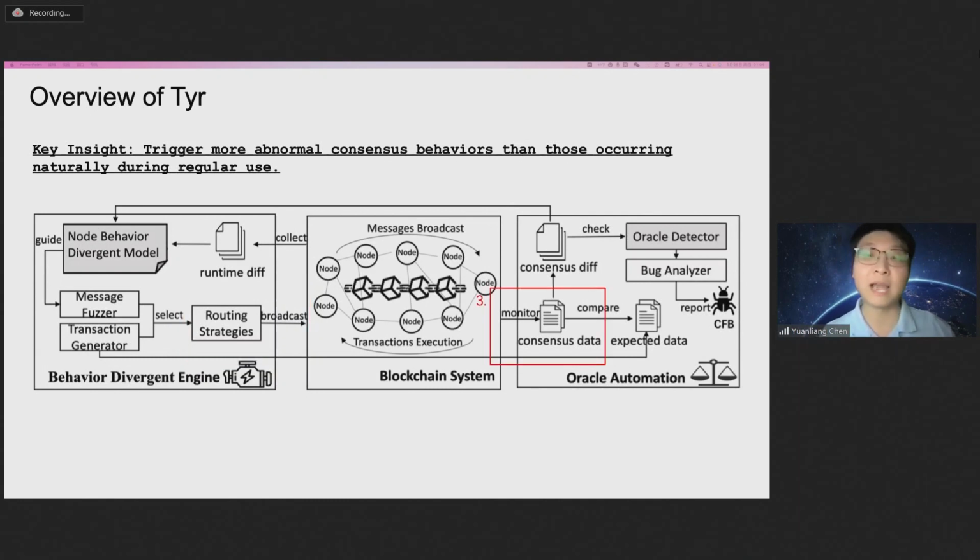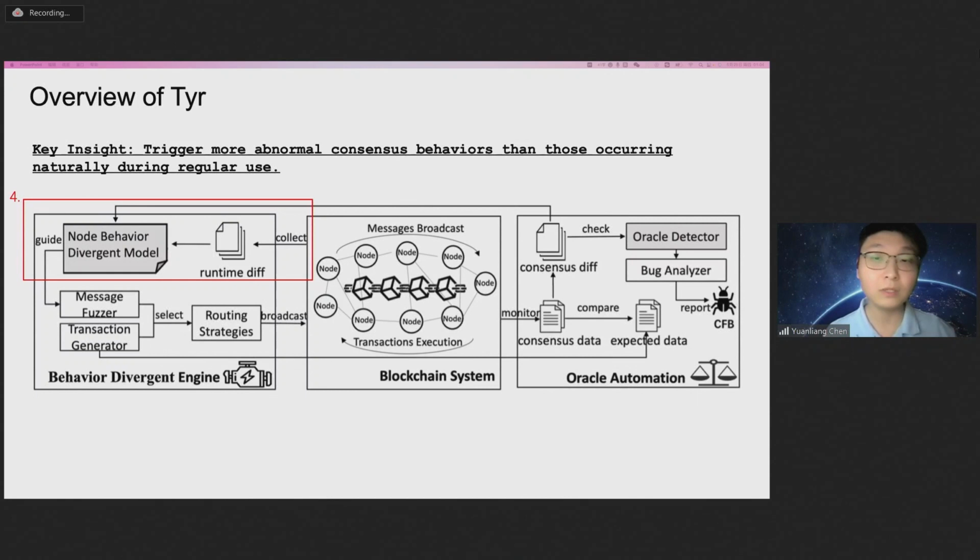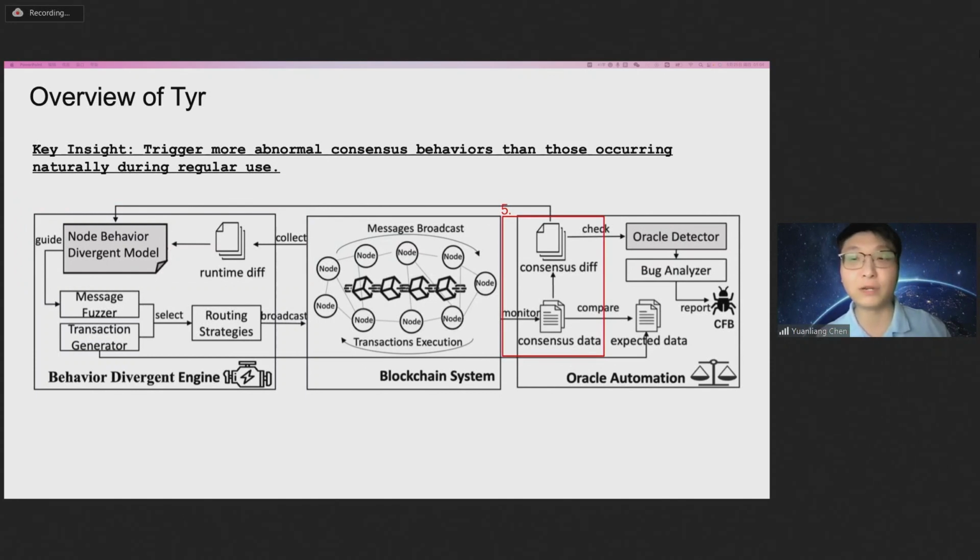Oracle automation collects and analyzes the consensus data of distributed nodes in real time. The difference between this consensus data is calculated, then TIA delivers it to the behavior divergent model for guiding the message further. In the meanwhile, the execution runtime information of nodes will be collected and the difference between them will be calculated.